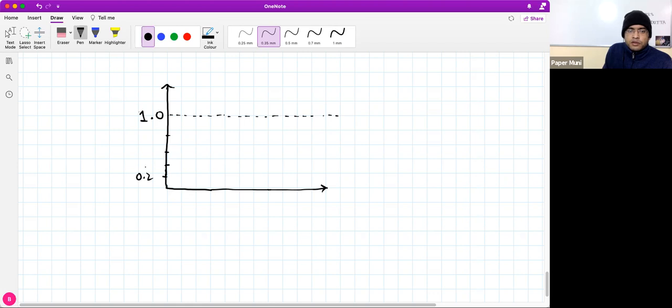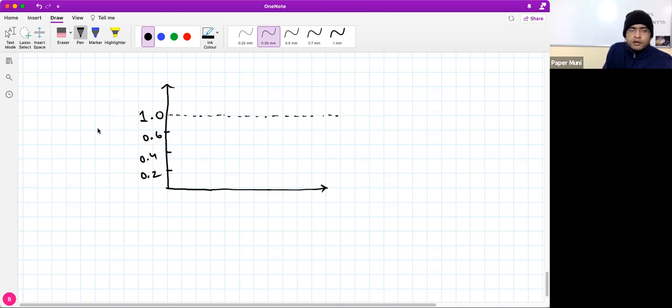This is 0.2, 0.4, 0.6, 0.8. Let's make it a little more appropriate and divide it into 4 parts. Now this makes sense. This is 0.2, this is 0.4, this is 0.6.